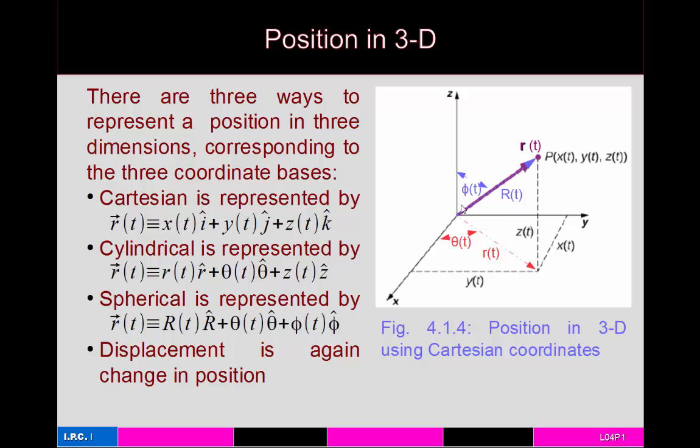So the purple thick arrow is actually the position vector in all three cases, and it can be broken up into x y z or r theta z or r theta phi, depending upon which coordinate system you want to use.